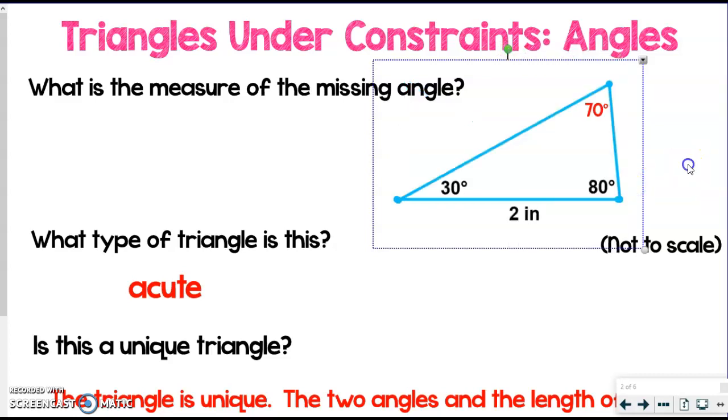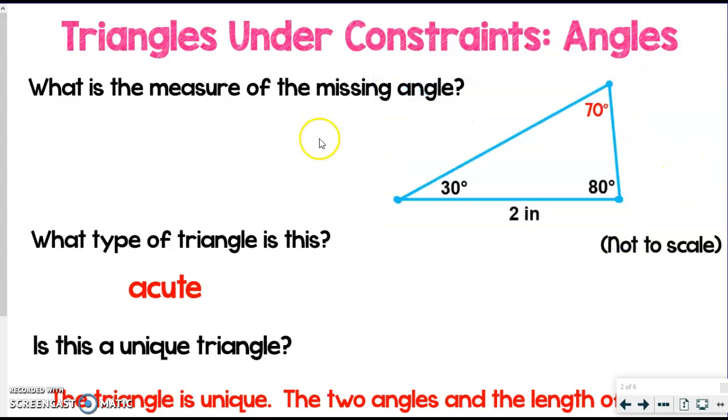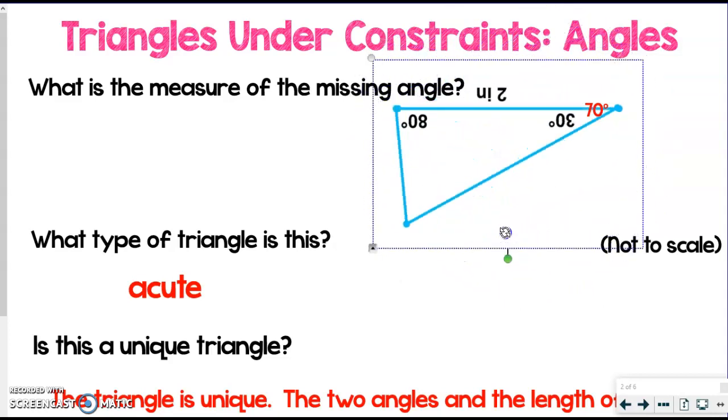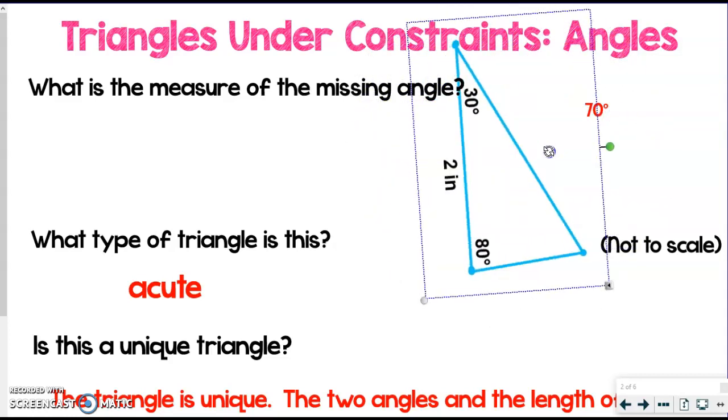So even though I flipped it, those same numbers had to be there, and it didn't change the side length of anything else. It didn't change this final angle. All of it stayed the same. And yeah, I could even rotate it around, like maybe the 2 inches started up here instead of being on the bottom, or maybe it was on the side.